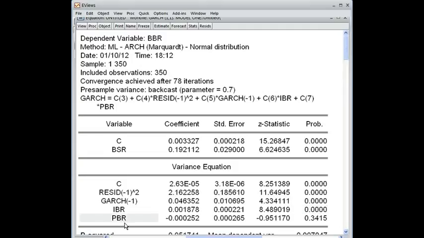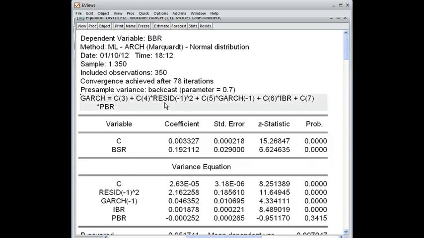What about PBR, the Pakistan bond return? What is the p-value? 34.15%. Is it significant? No, it is not significant because the p-value is more than 5%.